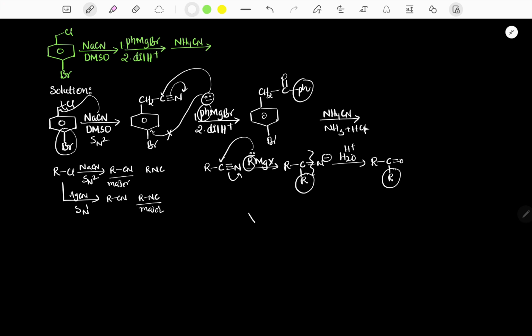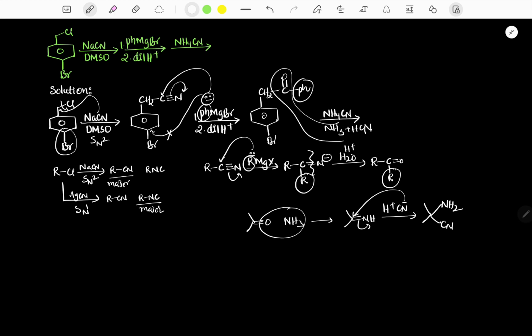So whenever a ketone is treated with ammonia, it forms the corresponding imine, and this imine reacts with HCN, H plus and CN minus, by nucleophilic addition, and we get the corresponding amino nitrile. So similarly in this case also, first we have to remove the H2O and form the corresponding imine.